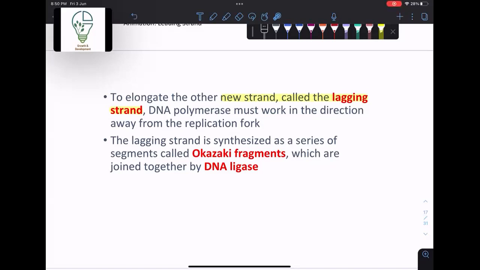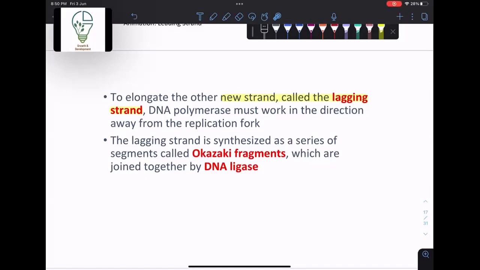Now the lagging strand is synthesized in little bits, okay? So it's synthesized bit by bit in a series of segments. So you have a segment of DNA that forms, then another segment, then a third segment, and these segments are called the Okazaki fragments, okay?